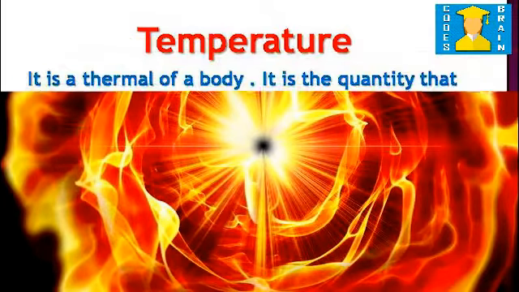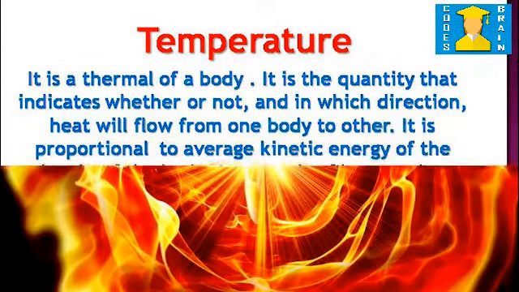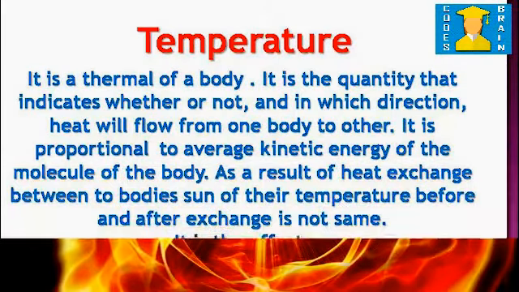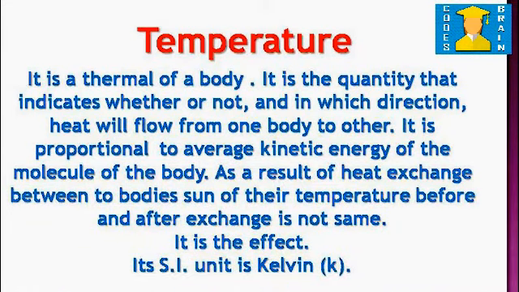Next, we study about temperature. It is a reliable measure of the hotness of an object. Pure water and air are poor conductors of heat. Temperature is the thermal condition of a body. It is the quantity that indicates whether or not, and in which direction, heat will flow from one body to another.